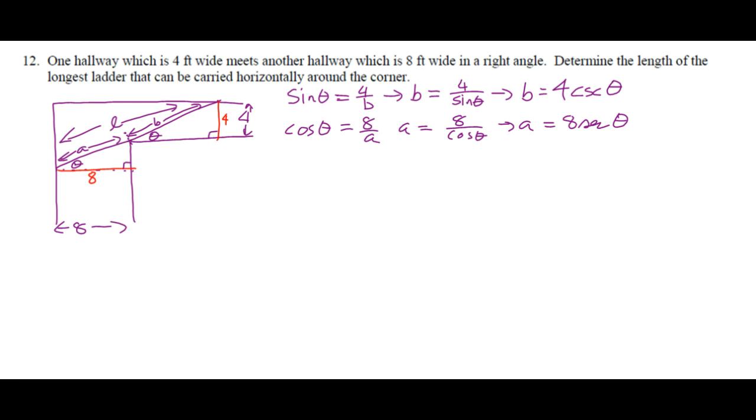Now the length of the ladder, which is the thing we want to maximize, is A plus B, which is 8 secant theta plus 4 cosecant theta. All right, well, we want to maximize it, so we take its derivative.